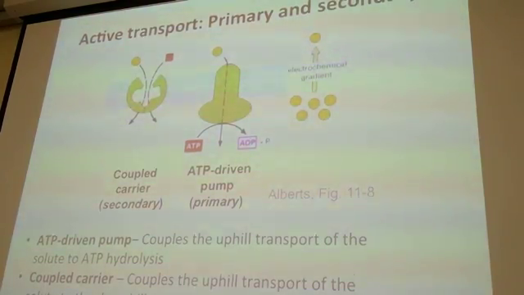So an example of that would be the SGLT1 glucose transporter. Right? So it uses sodium going down its concentration gradient to drive glucose up its concentration gradient. There's no direct ATP being hydrolyzed by that transporter, but it's coupling movement of sodium down its concentration gradient, right?